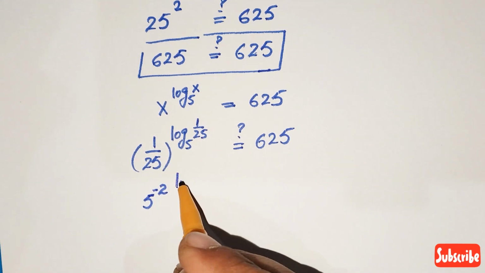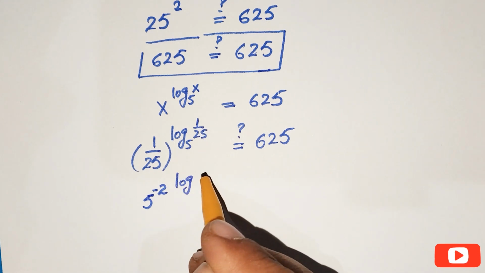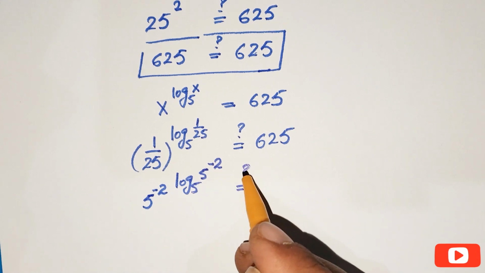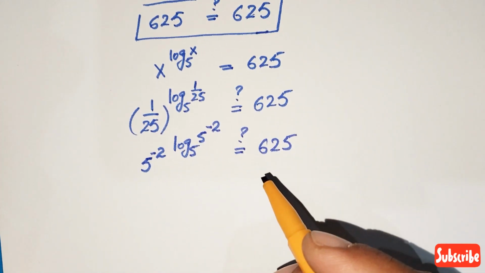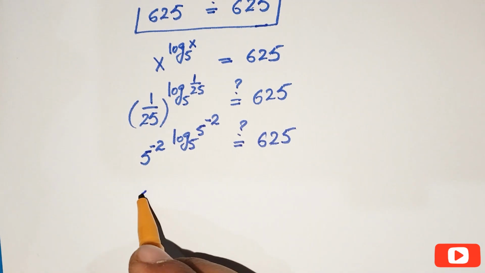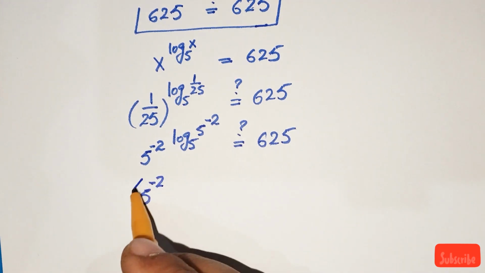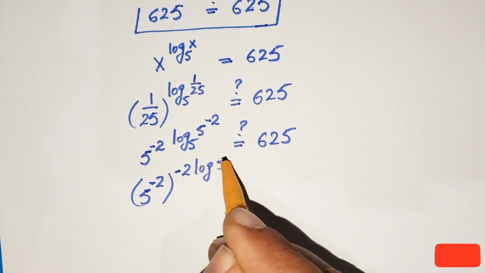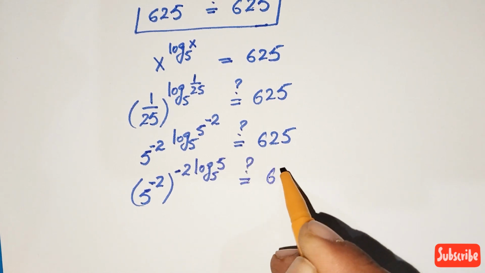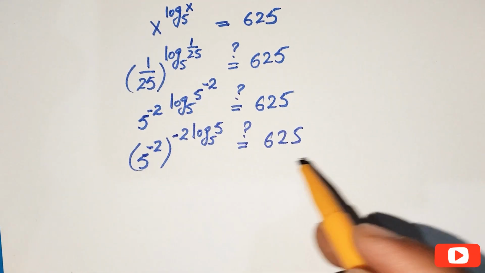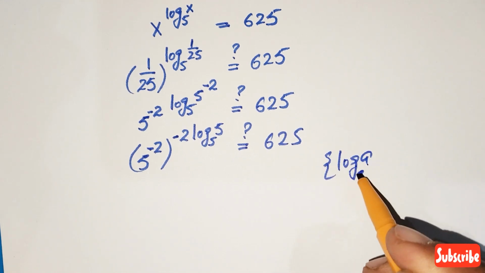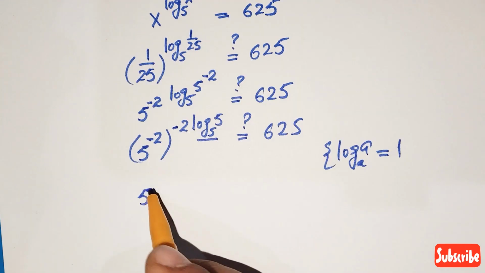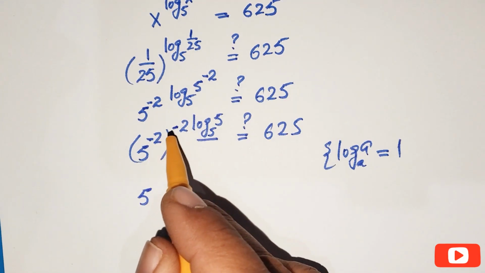Similarly, the power log 1 over 25 can be written as log 5 raised to the power minus 2 with base 5, equal to 625. Here we are using the same law: 5 raised to the power minus 2, and this minus 2 shifting here, minus 2 log 5 with base 5. Using again the same law, log a with base a is equal to 1, so we have 5 to the power minus 2 times minus 2.